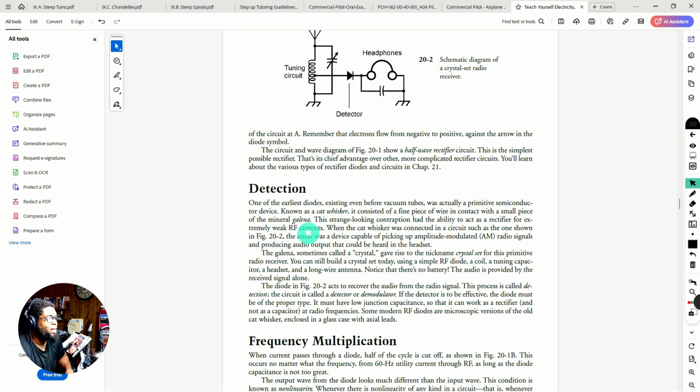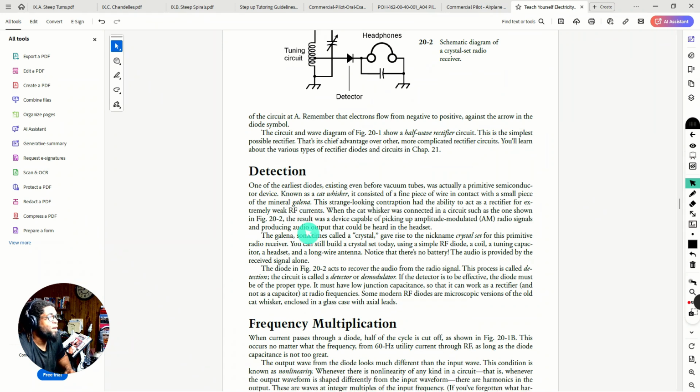So one of the earliest diodes, existing even before the vacuum tube, was actually a primitive semiconductor device known as the cat whisker. It consisted of a fine piece of wire in contact with a small piece of mineral galena. This strange-looking contraption had the ability to act as a rectifier for extremely weak radio frequency currents.